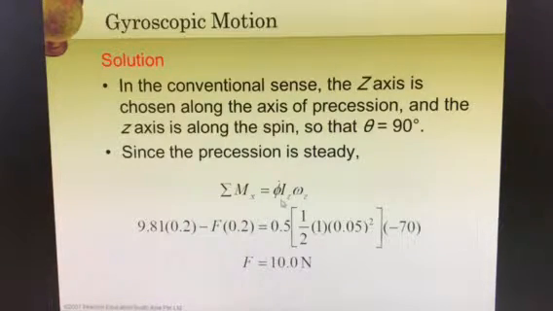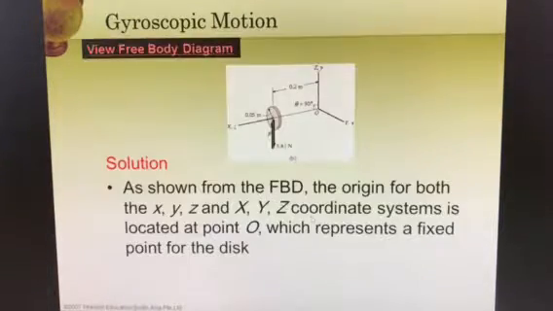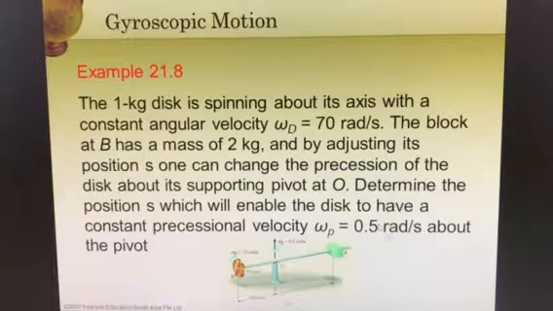So since we want to have the precession speed or angular velocity equal to this value, 0.5 radian, so we put this value inside this equation.